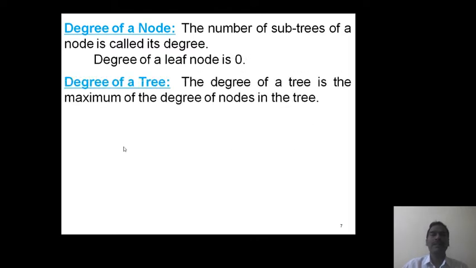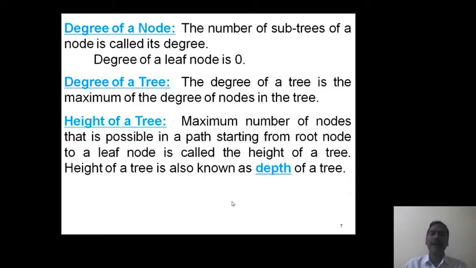Next one, degree of a tree. The maximum degree of nodes is called the degree of the tree. To identify the degree of a tree, first we indicate the degree of every node. From this we take the maximum value, which is the degree of the tree.